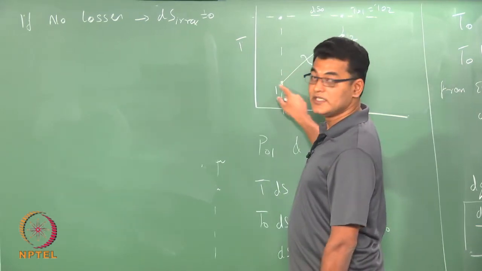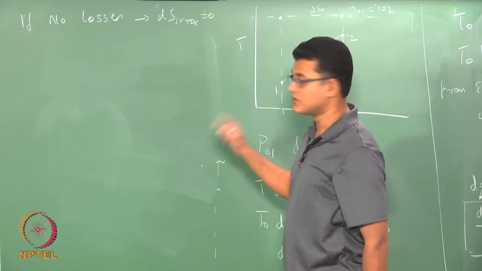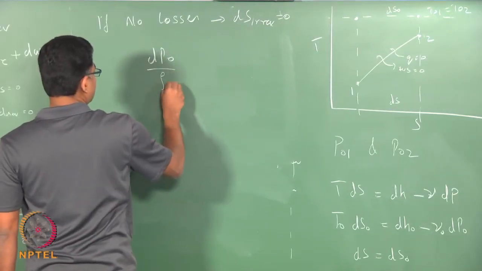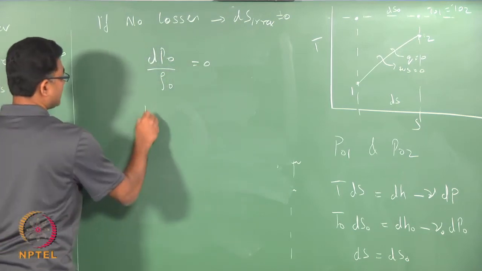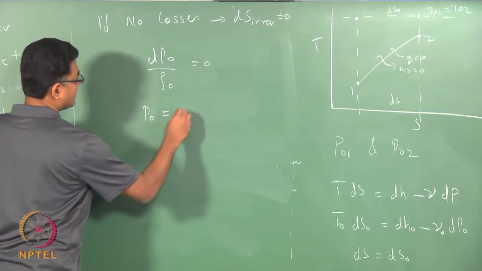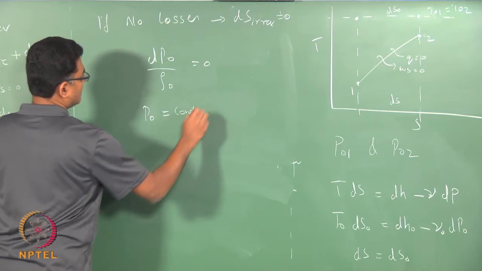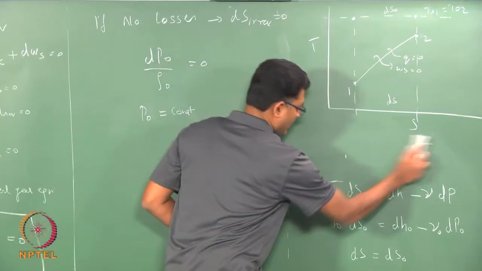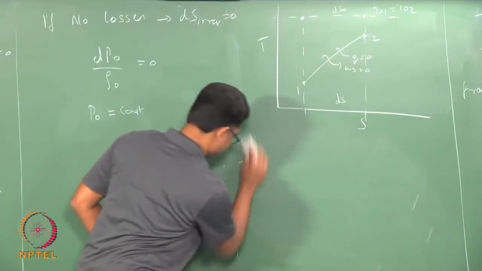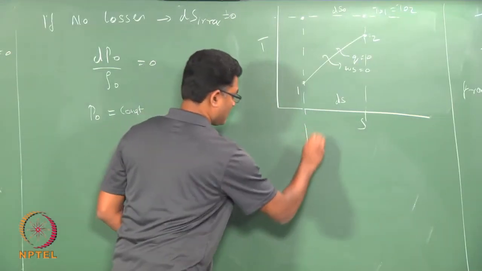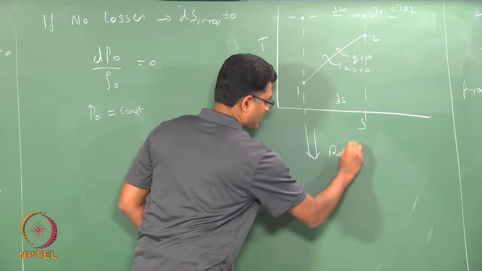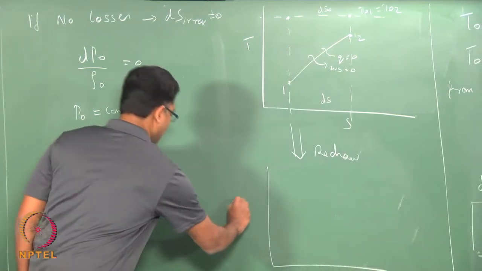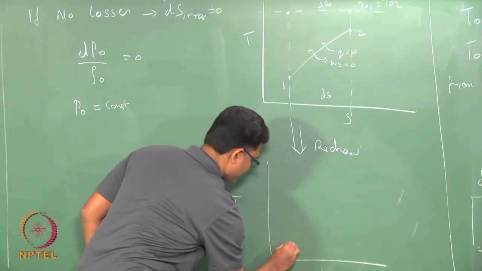So, dS, this quantity is going to be 0, which will lead to this equation, which essentially means P0 equals constant. Or I redraw this picture on the T-S diagram.